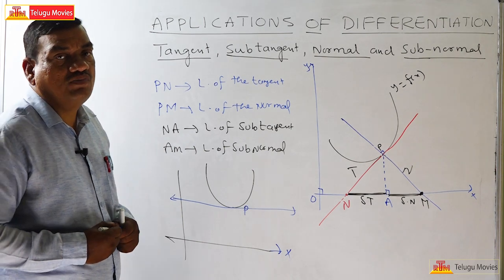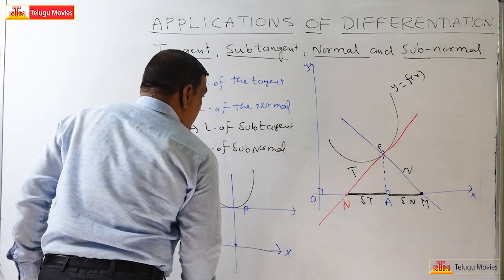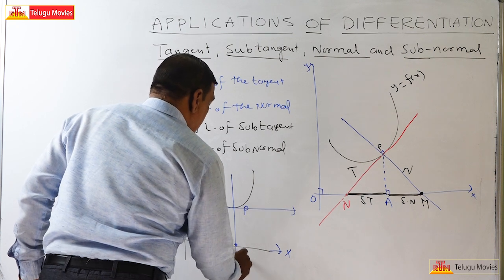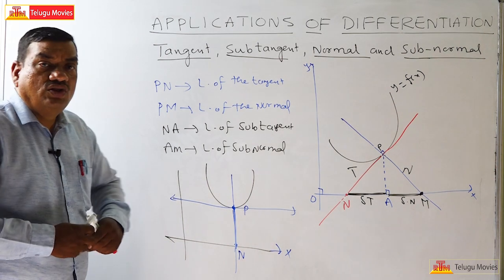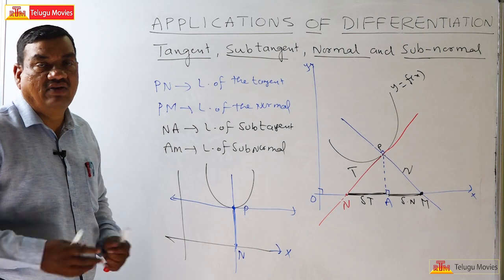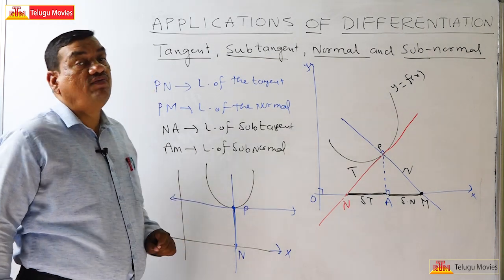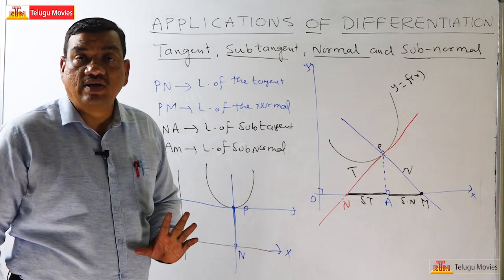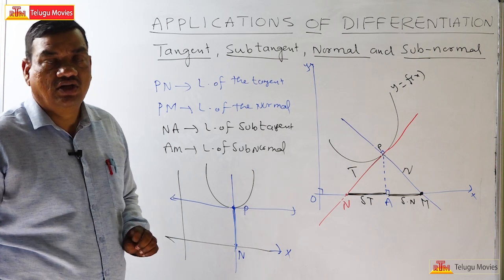Now let us take the normal. The length of the normal PM will be there. There is no subnormal, no subtangent, no tangent length. Only the length of the normal is defined. Understand this? Right.